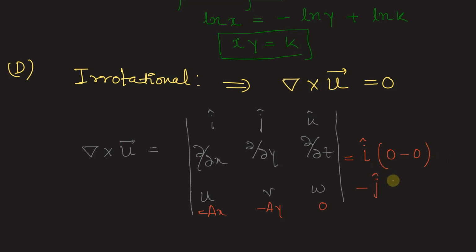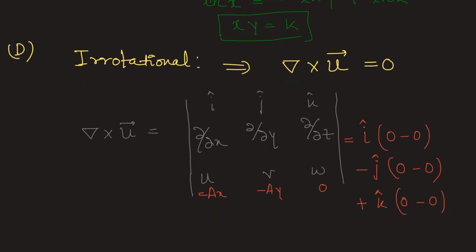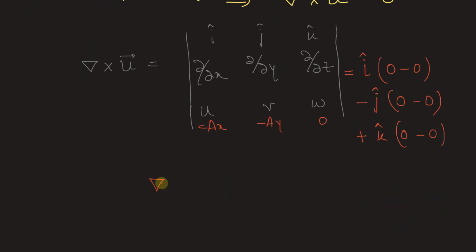For j cap, this will be equal to 0 minus the derivative of x with respect to z, which is 0, so the curl in j direction is 0. For k cap, the derivative of y with respect to x is 0 minus the derivative of x with respect to y, which is also 0. All three terms are 0. The curl of this flow field is equal to 0.